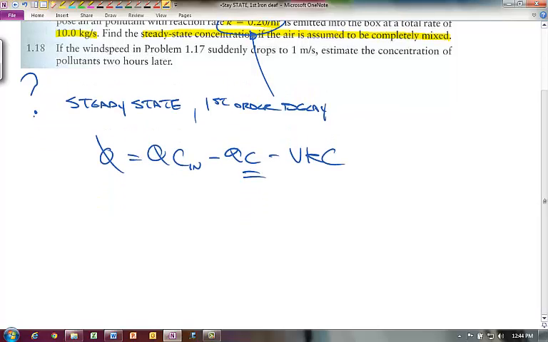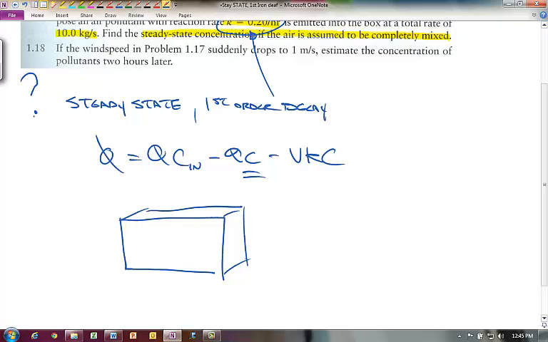Let's just draw our box. It's the first step for solving these types of problems. We've got our box here, 100 kilometers, 1 kilometer, 100 kilometers. We've got clean air coming in.